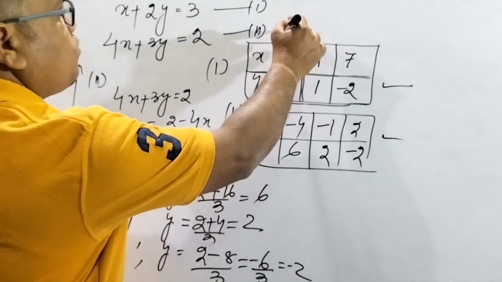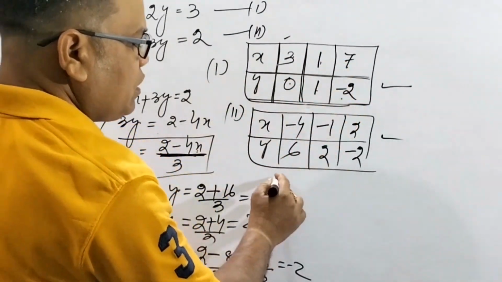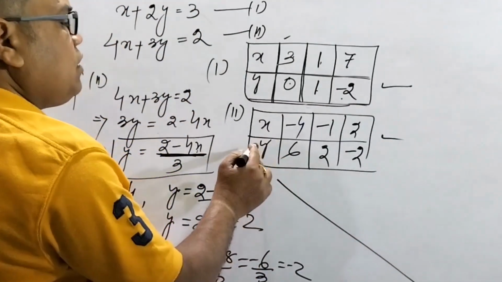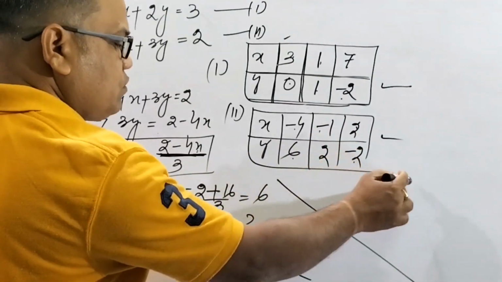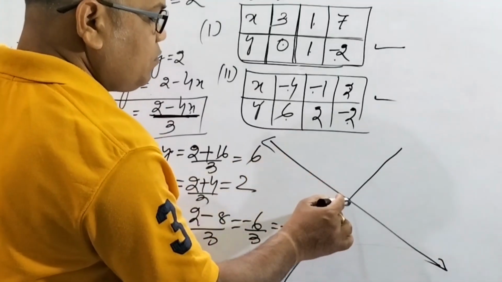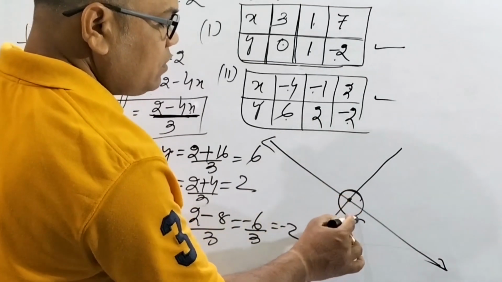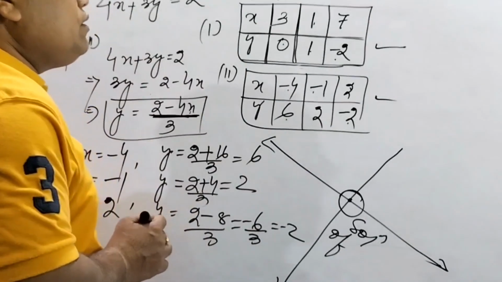If you put the values 3, 0, 1, 1, 7, minus 2, you will get one line. If we put the values minus 4, 6, minus 1, 2, 2, minus 2, then you will get another line. And this point of intersection will be the solution of the system of linear equations.